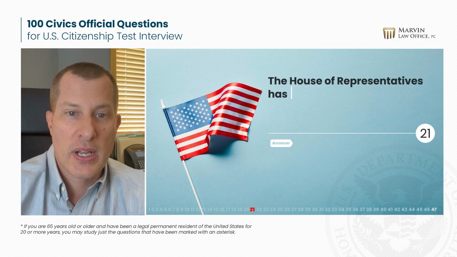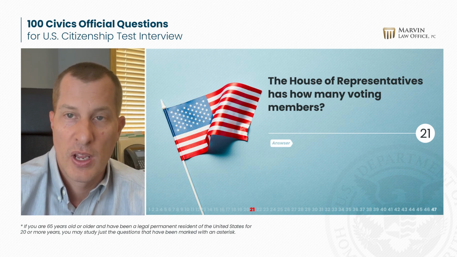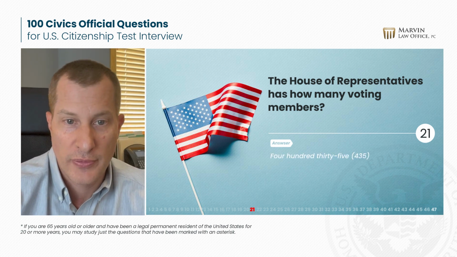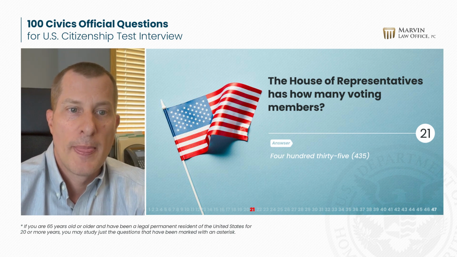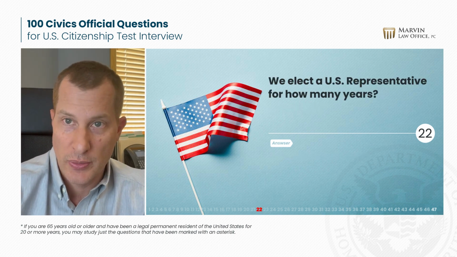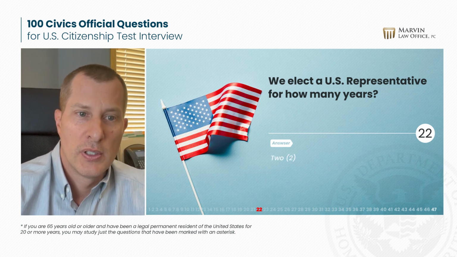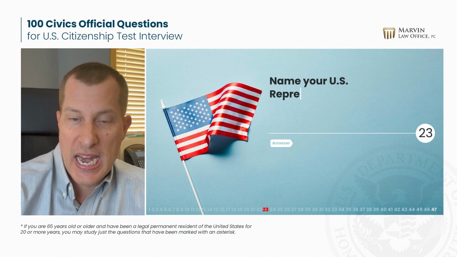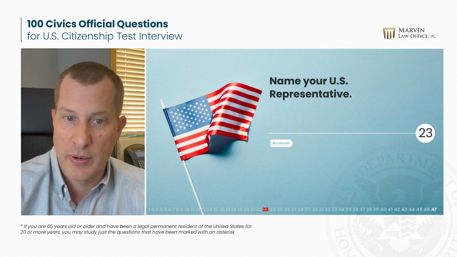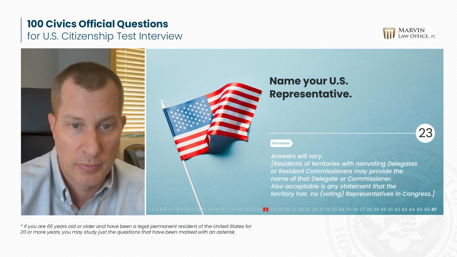The House of Representatives has how many voting members? 435. We elect a U.S. representative for how many years? 2. You will be asked to name your U.S. representative, and you need to do the research yourself and be prepared on the day of the exam.